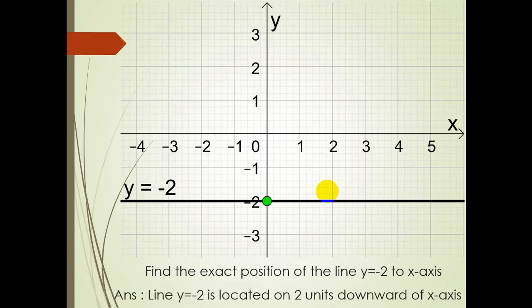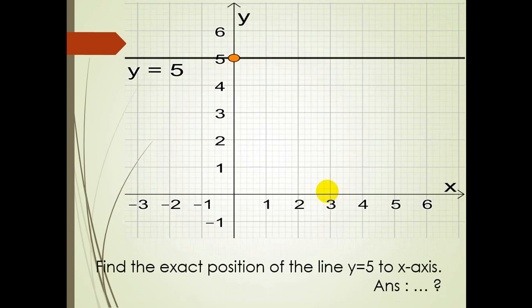Can you find the exact position of the line y equals -2 to the x-axis? Yep, line y equals -2 is located 2 units downward of the x-axis. Can you find the exact position of the line y equals 5 to the x-axis? Now I will let you answer it by yourself.